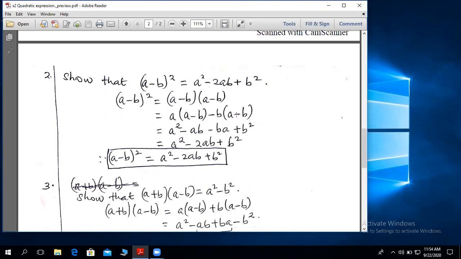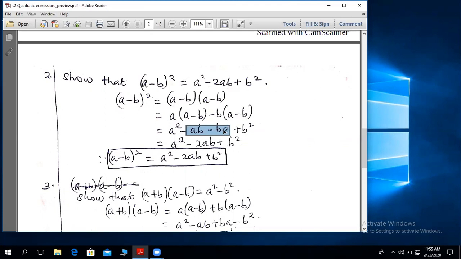Most of you made that mistake in the assignment that I gave you the other time. You were still making this one a negative, which is wrong. A negative times a negative, the answer is a positive. So this is supposed to be what? Positive. And it gives you b squared. Now these two are the same. It is like minus ab, then minus ab.